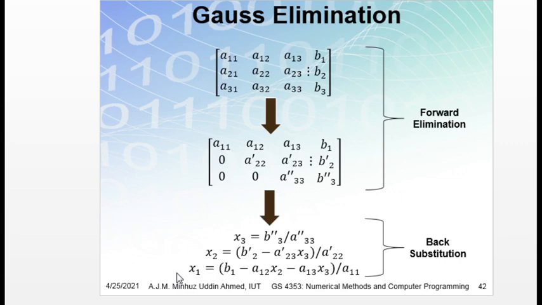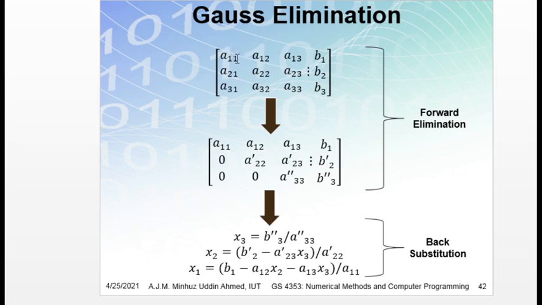The Gauss elimination technique, if you can see here, what is the limitation? The main limitation is this: a11, all the things are done and started according to this. So think about this.